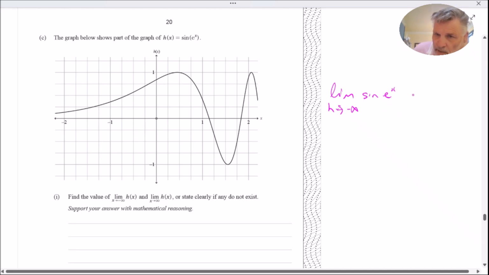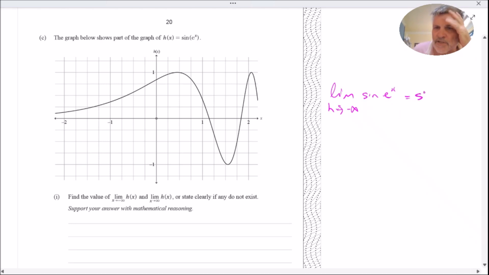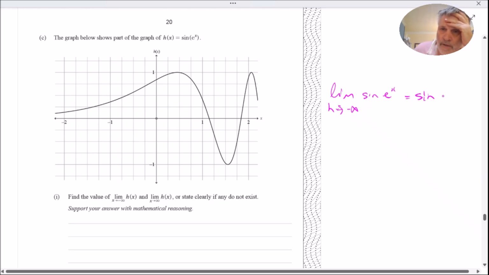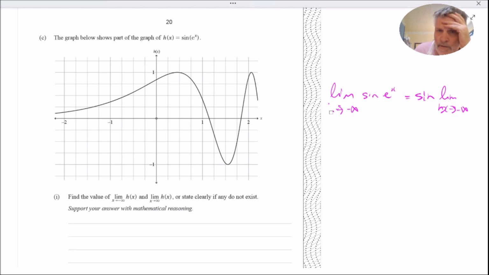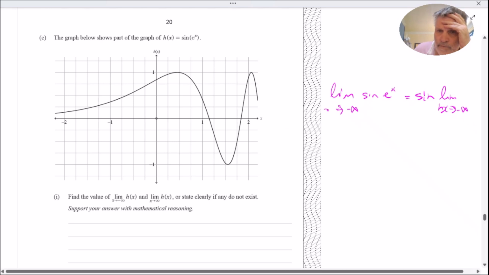We can calculate that by taking the sine of the limit as x goes to negative infinity of e to the power of x. I've written h there, you read one thing, something else goes into your head, and you write the wrong thing.